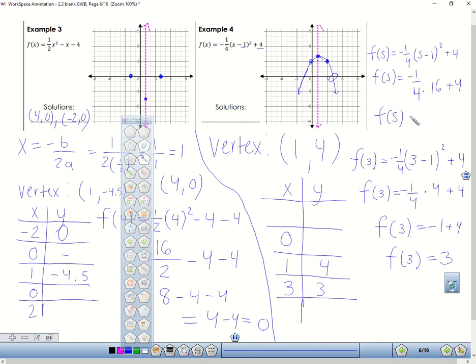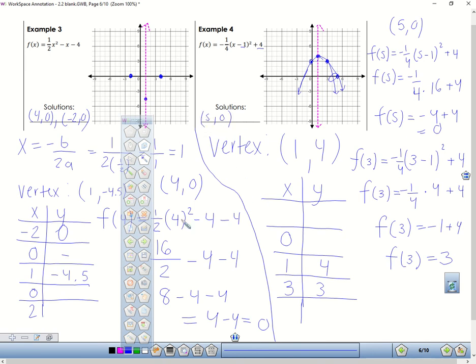That gives me f of 5 is equal to -4 plus 4. What's -4 plus 4? So I have (5, 0) as a point on my graph. So we're pretty close with our estimate right here. So I know that (5, 0) is the solution.